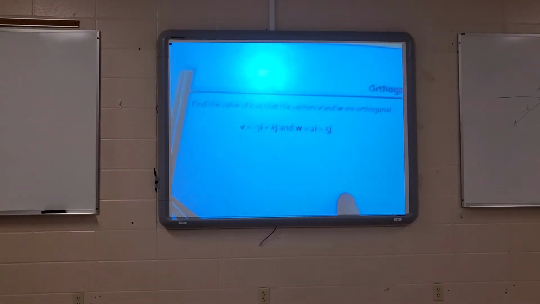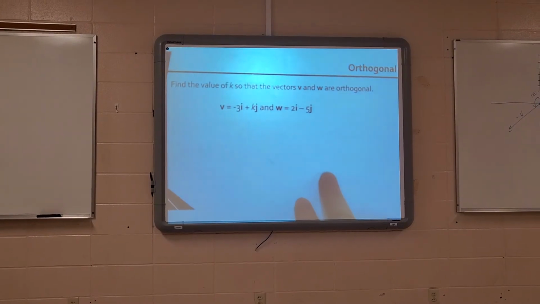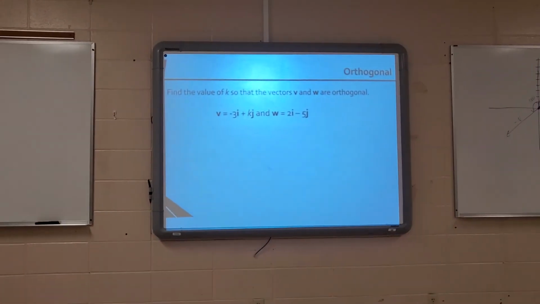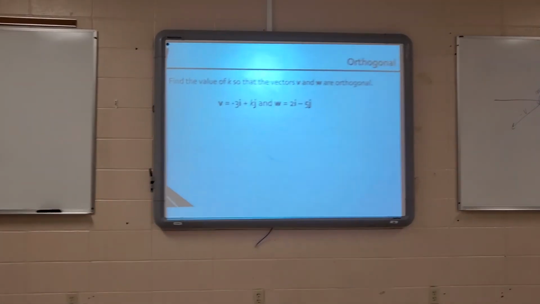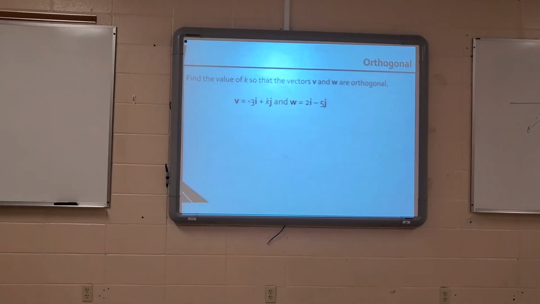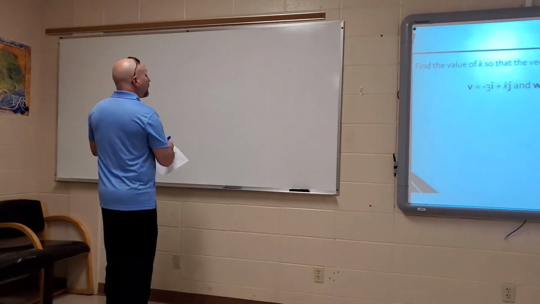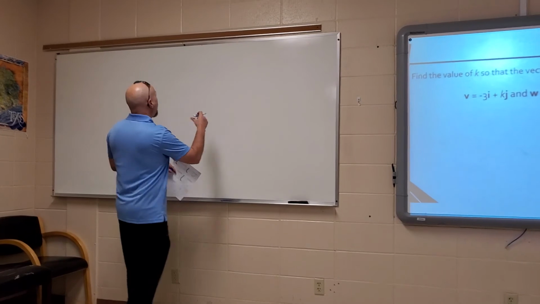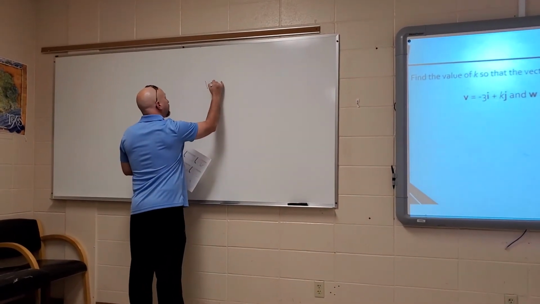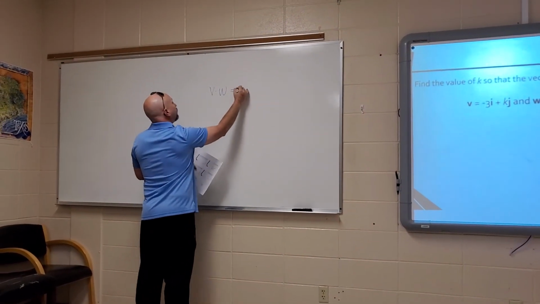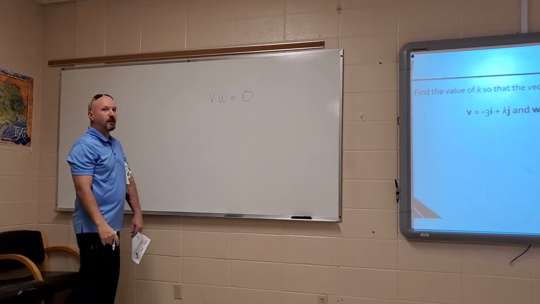Alright, so now let's work this last example. Find the value of k so that the vectors v and w are orthogonal. Well, we just said on the previous slide that the dot product of orthogonal vectors is 0.